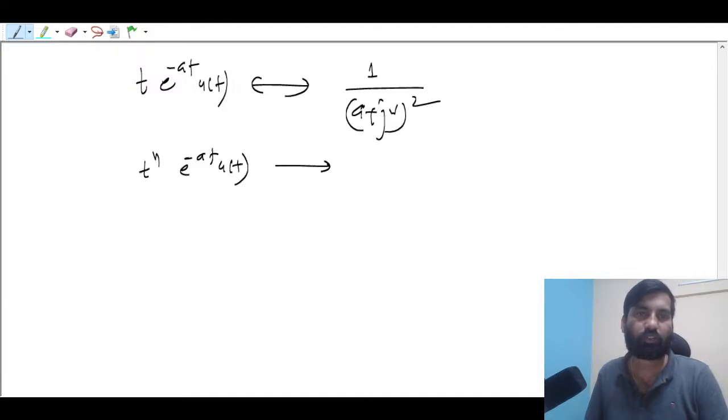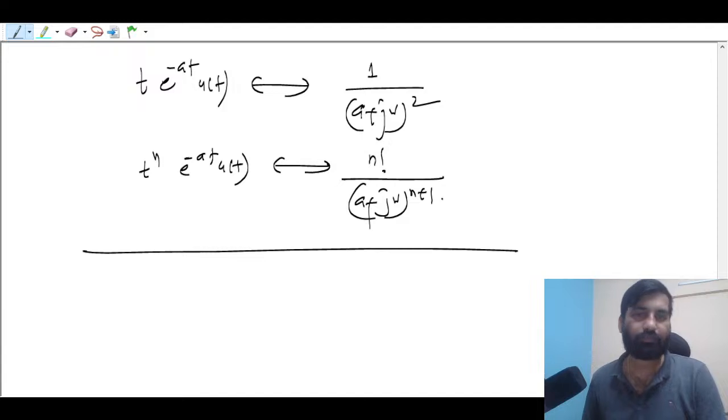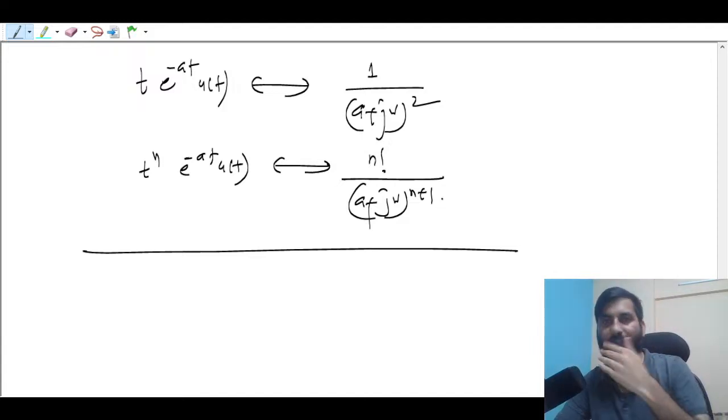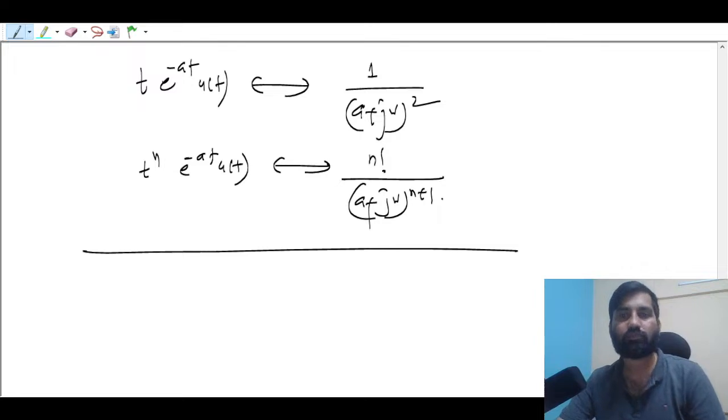What is the Fourier transform here? Then n factorial by (j omega) to the power n plus 1. I hope this makes sense to you, right? So it is very simple to find out.